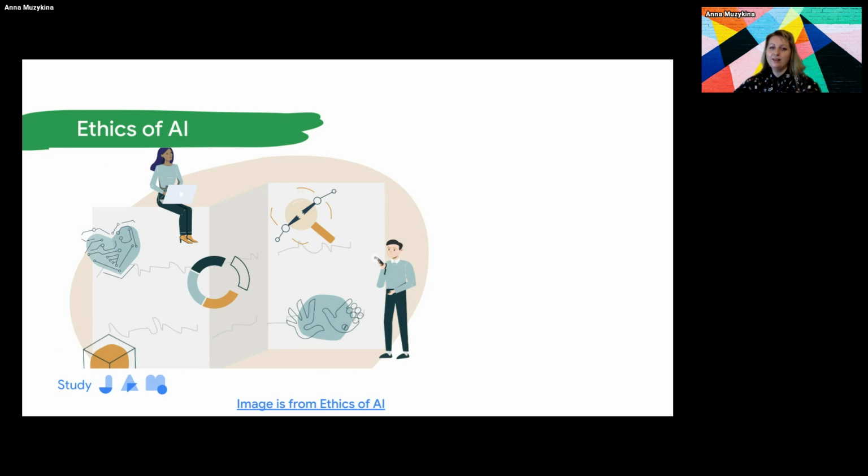From the algorithms that decide our credit scores to the AI that assists in medical diagnosis. These systems are making decisions that directly affect people. That's why understanding AI ethics is not a waste of our time. It's an investment in ensuring that AI serves humanity rather than the other way around.